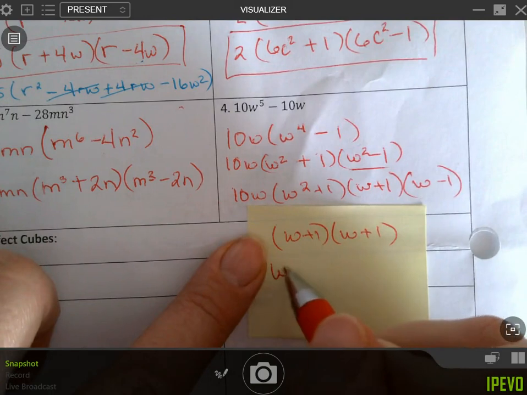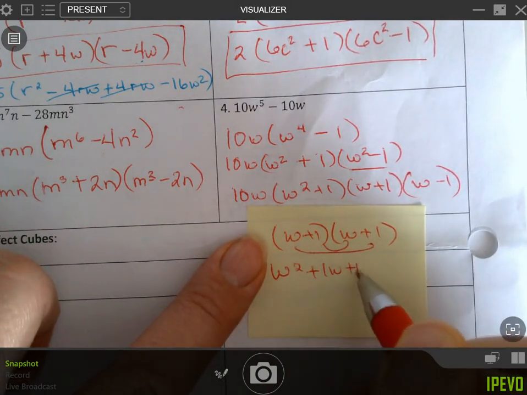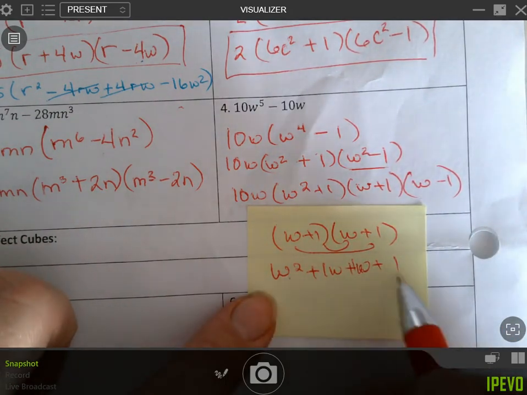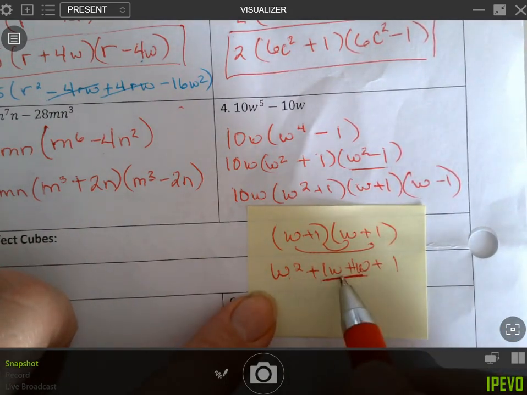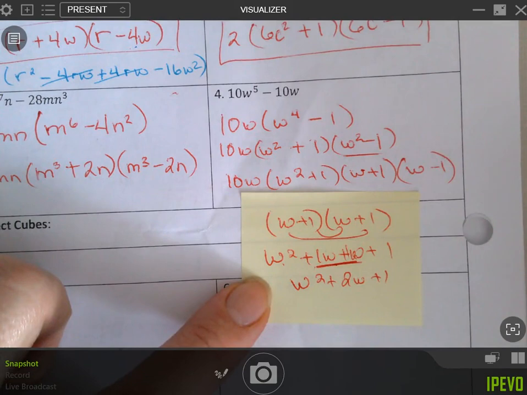There's your w squared, but the outside is 1w and the inside is 1w, and then plus 1. So you've got the w squared plus 1, but these don't cancel. This actually gives me w squared plus 2 of these. So do you see why this doesn't factor?